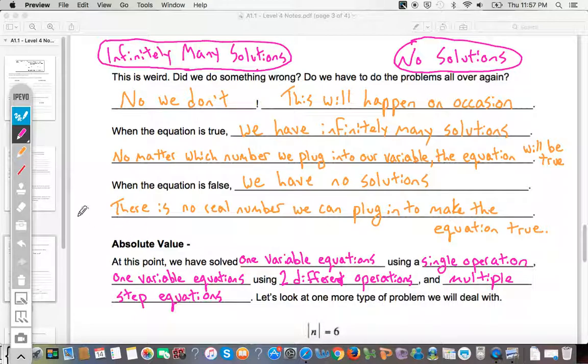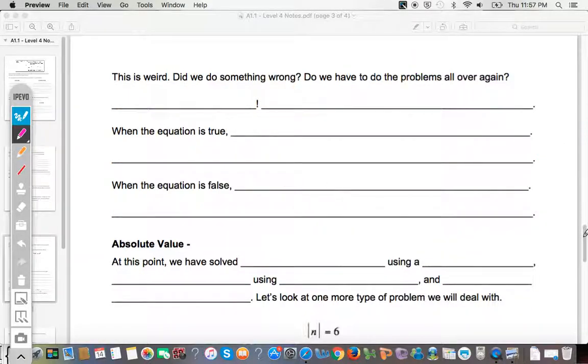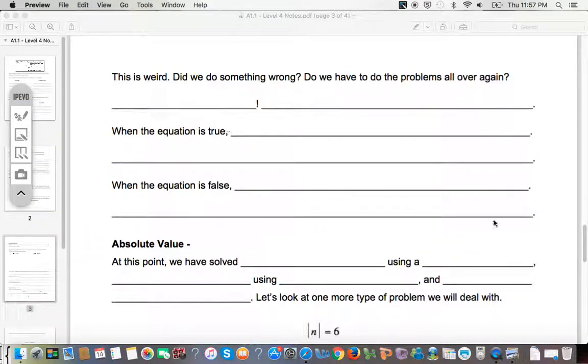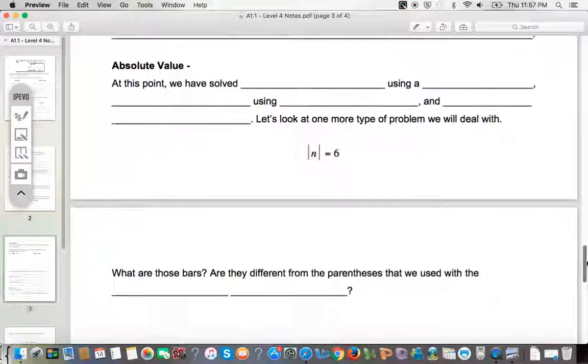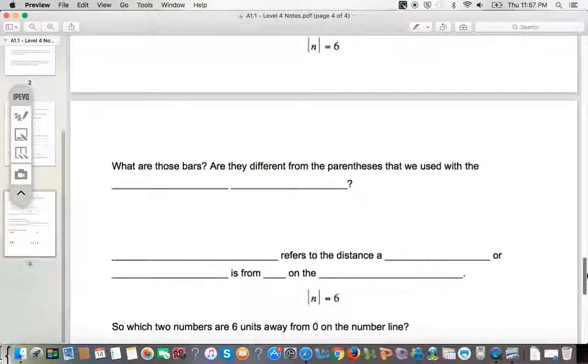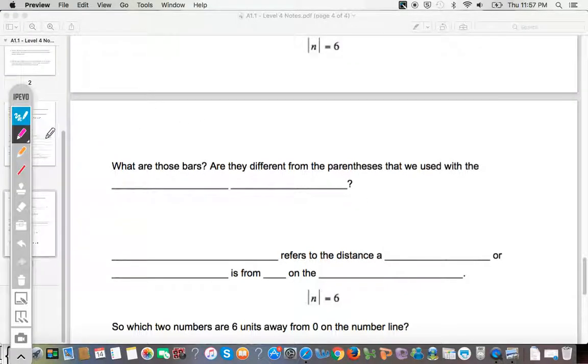Pause the video if you need more time to write. I'm going to continue on. So what are those bars? Are they different from the parentheses that we used with the distributive property?